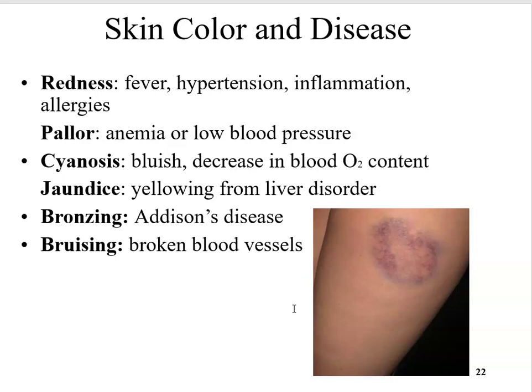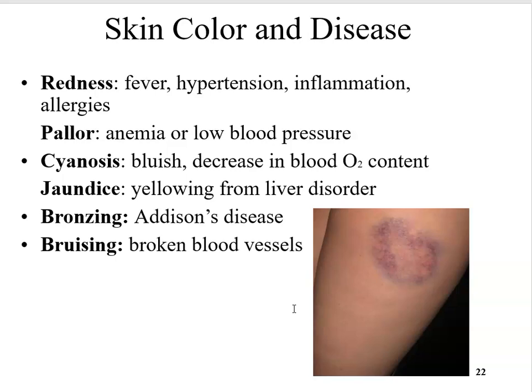Bilirubin is normally processed by the liver, but if the liver is compromised or just unable to handle that bilirubin, it is stored within the skin, resulting in a yellowing of the skin, which we call jaundice. So it's a sign of a compromised liver, whether that's a baby whose liver has not quite developed yet, or something like cirrhosis or liver cancer.